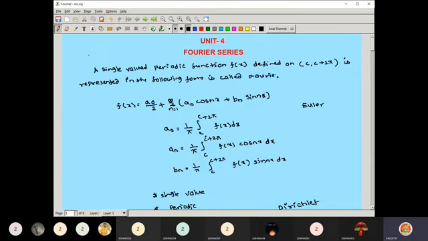It is the name of the mathematician, Fourier series.